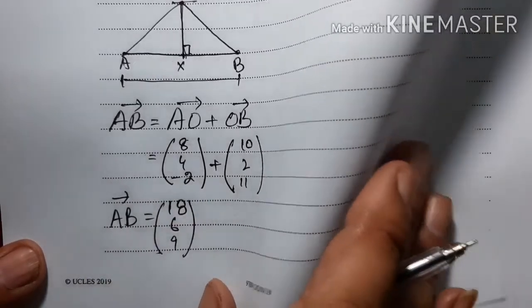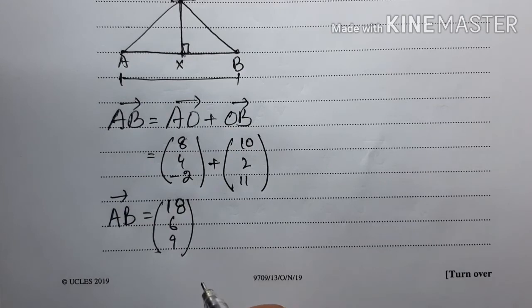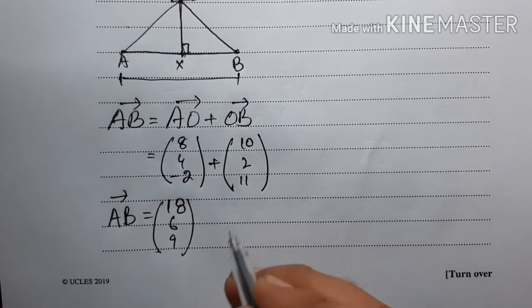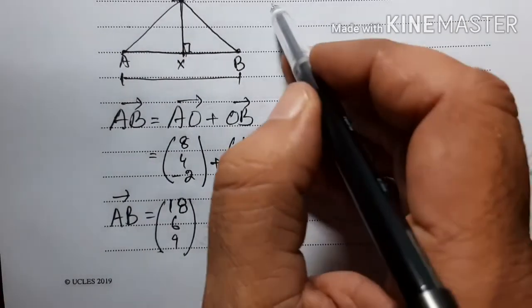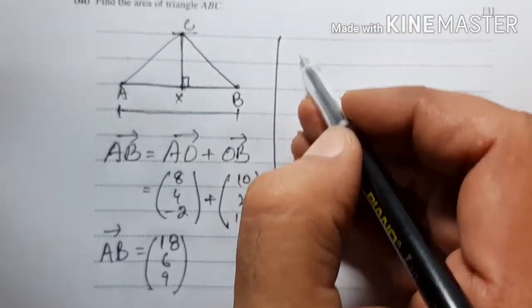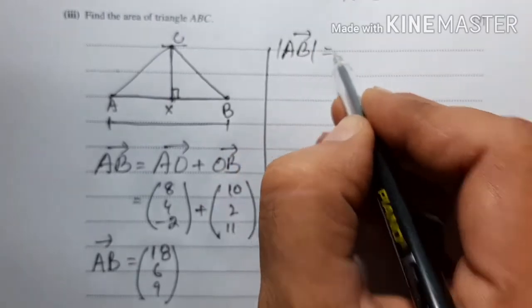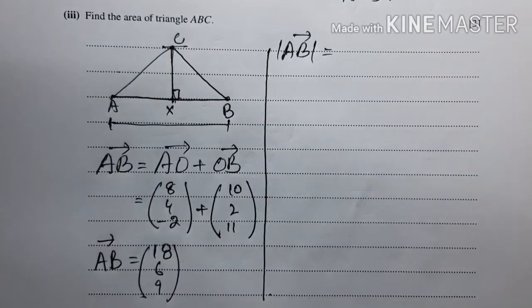Therefore, AB's length means the magnitude of this vector.